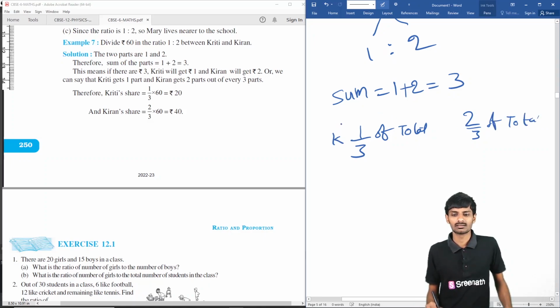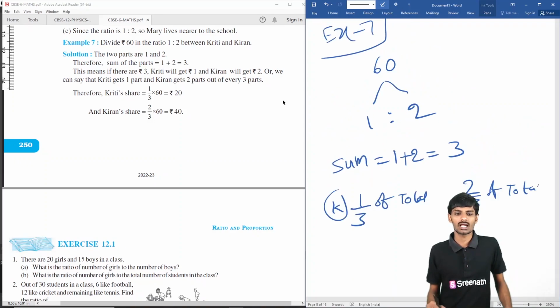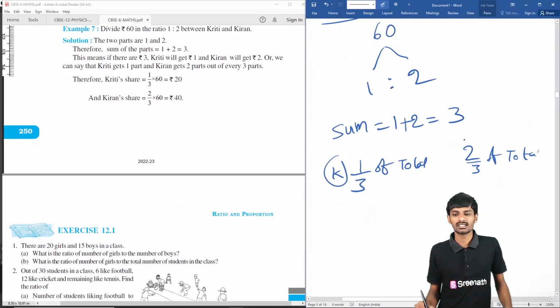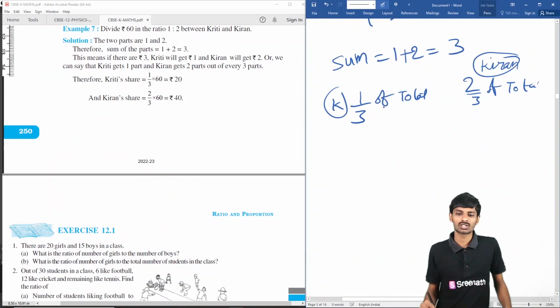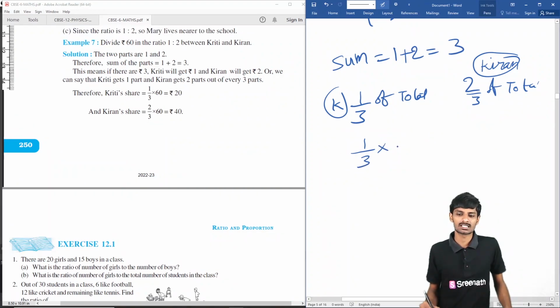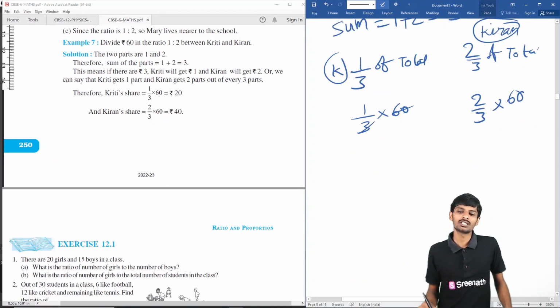So 1 by 3 of total is 1 by 3 into what is the total? That is 60. And here 2 by 3 into 60. In which table will it cancel out? In the 3 table, 3 twos are 6 and 0.